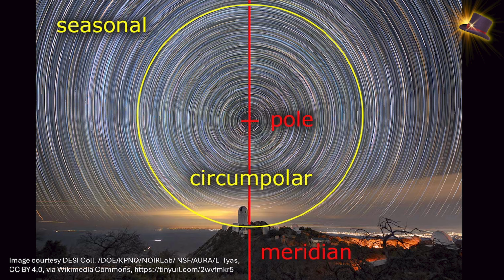Arizona is in the northern hemisphere. So what you're seeing is the northern horizon here, the North Pole, and this is taken at night so you can see the stars. You can see that the stars are circling around the North Pole, the North Celestial Pole.